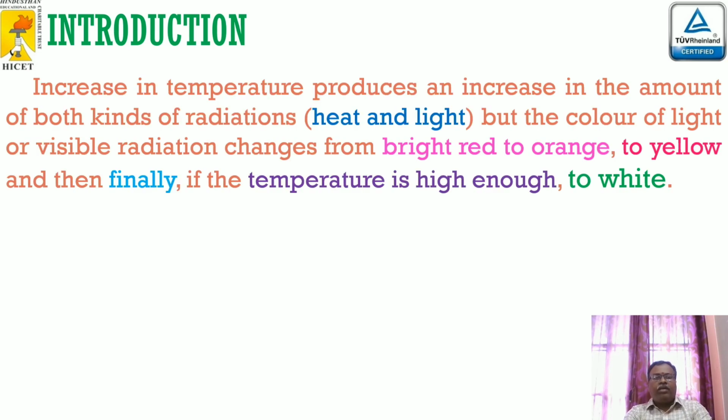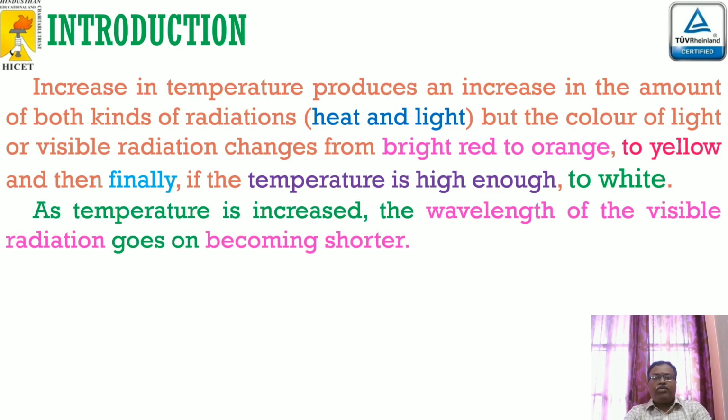An increase in temperature produces an increase in the amount of both kinds of radiation. That means we are producing both heat and light, but the color of the light, or visible radiation, changes from bright red to orange and to yellow, and finally, if the temperature is high enough, to white.